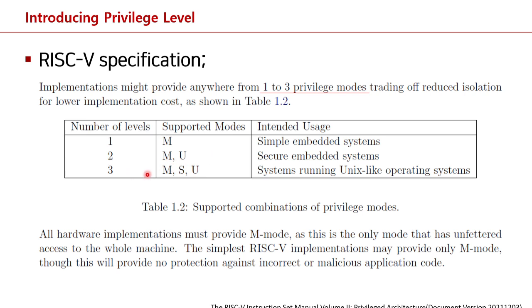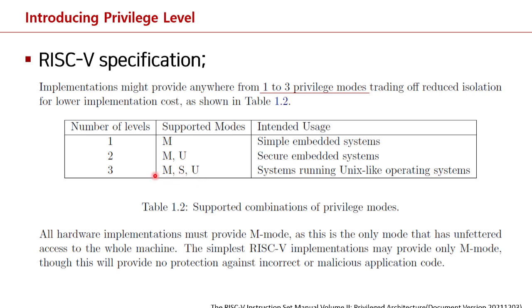In this case, the machine mode can be used to support the security feature, and an operating system like the Linux kernel can be implemented or executed in the supervisor mode. In the user mode, the user application can be executed.